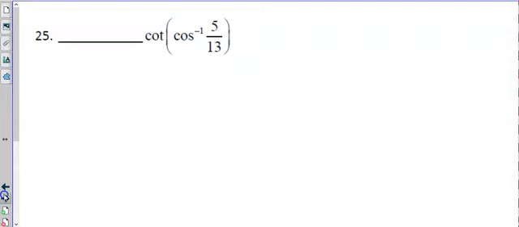25, we have the cotangent of cosine. So start out, we're going in the first quadrant. Cosine is adjacent and hypotenuse. So we want our adjacent to be kind of small, our hypotenuse to be kind of long, something like that.